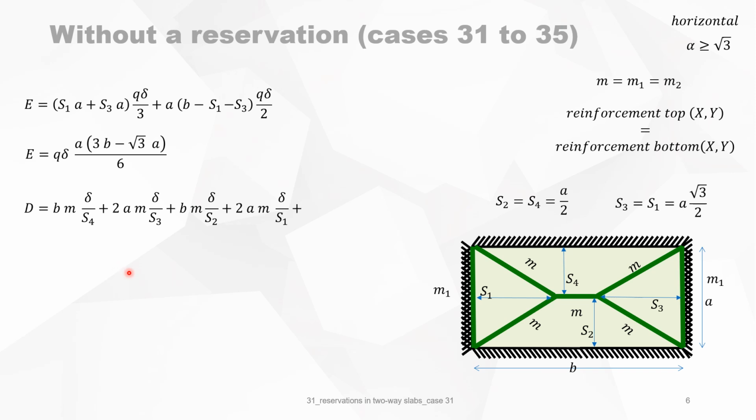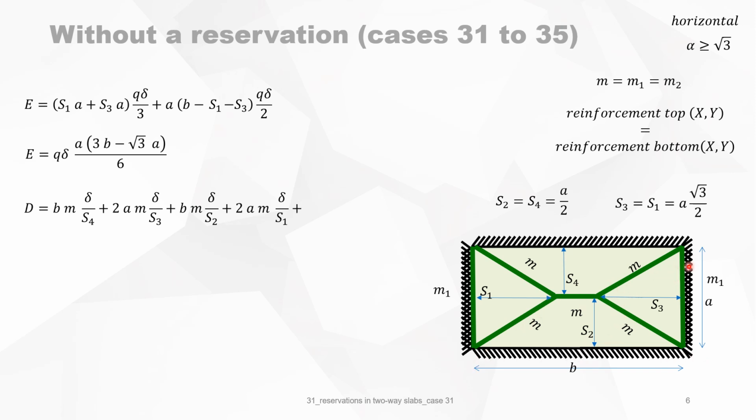The work done by the internal forces is the bending of the yield line M projected to this axis. So it's M times B times the angle of rotation, which is delta over S4. Here on this side, you also have M times B divided by S2.